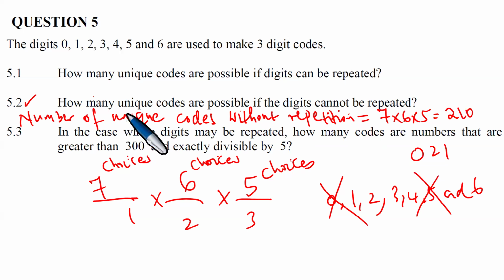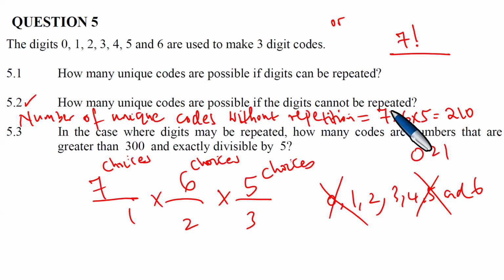In other words, you can do it like this, or you can use the fact that there are 7 digits all together. So you use 7 factorial divided by something.